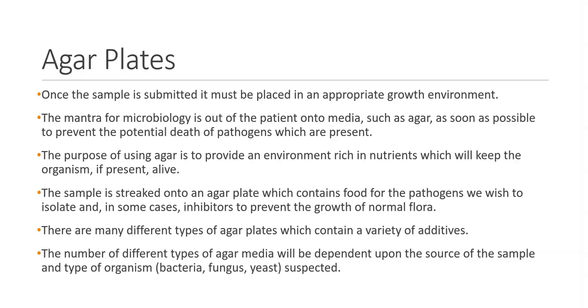There are many, many different types of agar plates, which contain a variety of additives. And the number of different types of agar media that you will use or streak the organism on will be dependent upon the source of the sample and the type of the organism, whether it's a bacteria, a fungus, or a yeast.